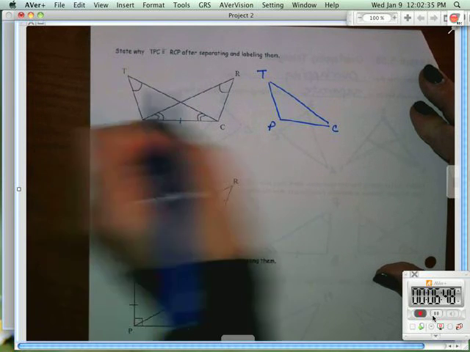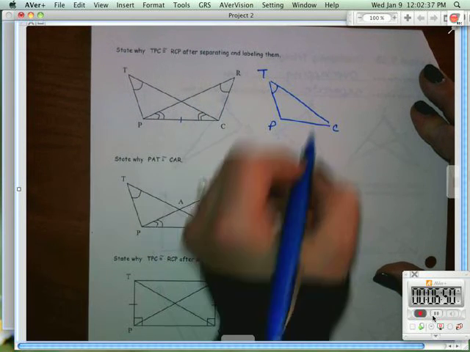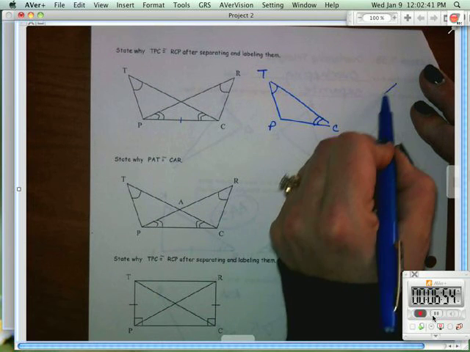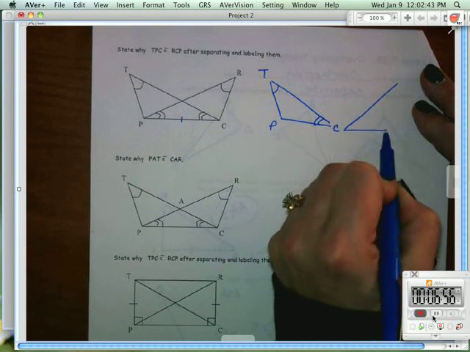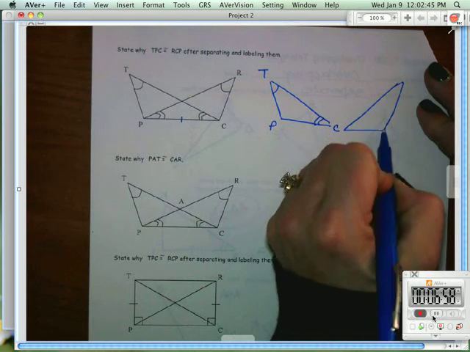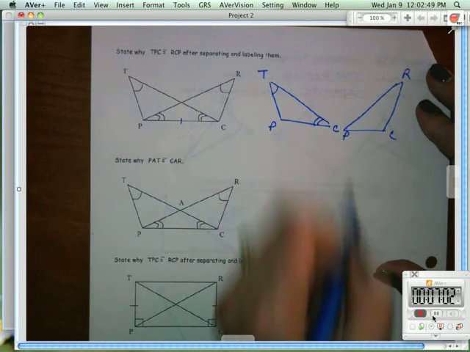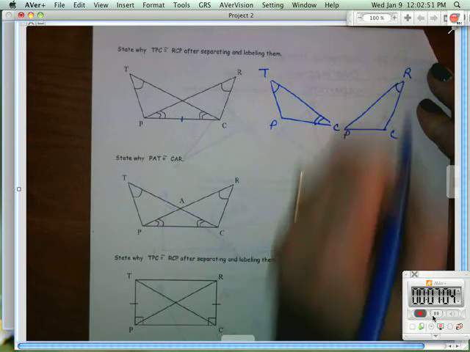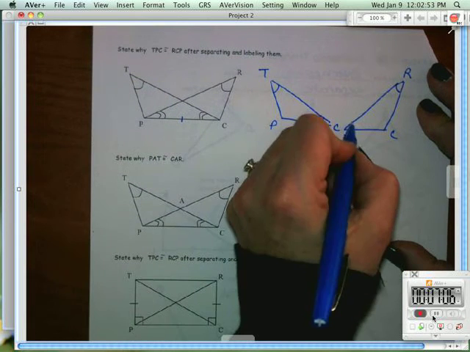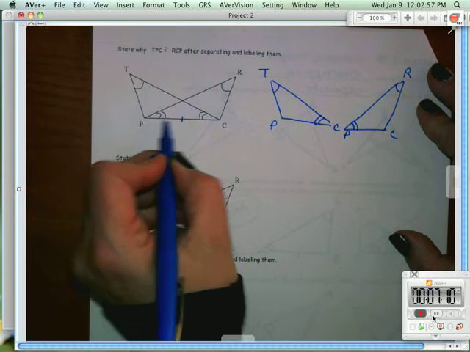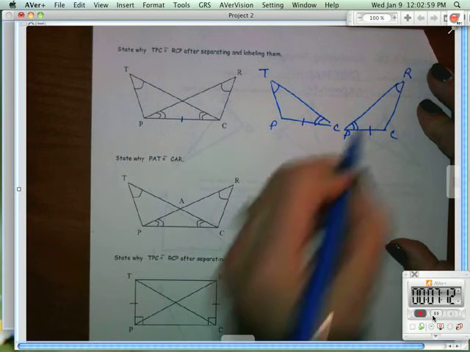And I can mark that that's there, and the double lines are here. And then I'm going to draw the other one next to it, sort of in the same direction. And that's RCP. And I can say there's a squiggly there on R, and there's the double one here on P. And then I know that they share this side PC, so it's going to be congruent to itself.